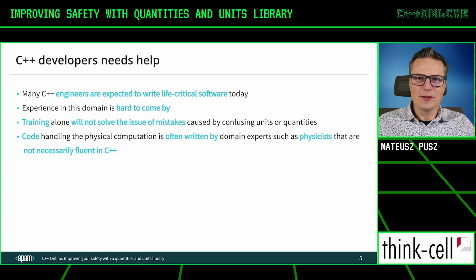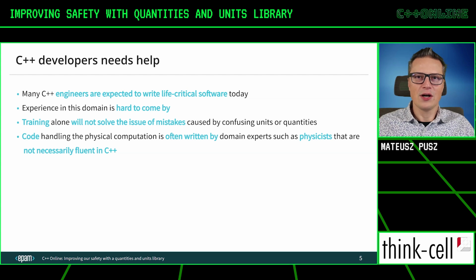We can do trainings for those people, but trainings by themselves will not solve the issues and mistakes connected to programming, to coding, because some things are hard by themselves. It's not about C++ being hard. It's about the subject being hard to manage. And typically, at least C++ trainings may not be helpful in this domain.